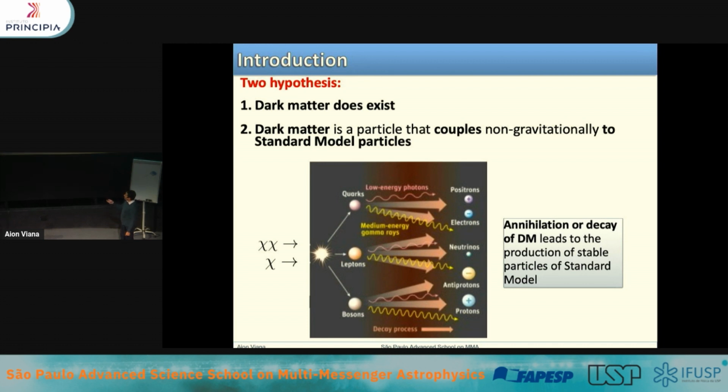So the main processes that we're going to be looking for are either what we call annihilation or decay of these massive particles. They will produce massive standard model particles. These will decay, hadronize, and they will produce gamma rays. And at the final state, they will produce stable particles that we will be detecting.